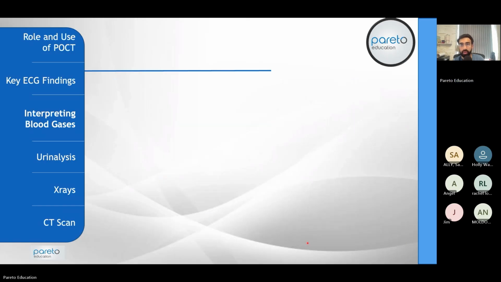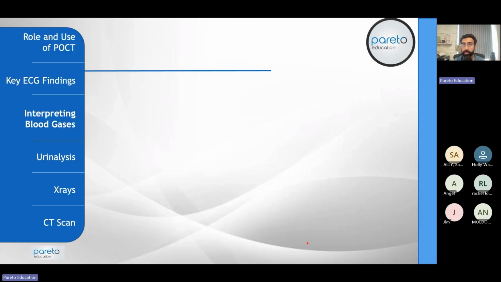Hemoglobin can often be forgotten, but hemoglobin levels are also found in blood gases. Arterial or venous blood gases, especially in a point of care scenario, can help us make rapid decisions.